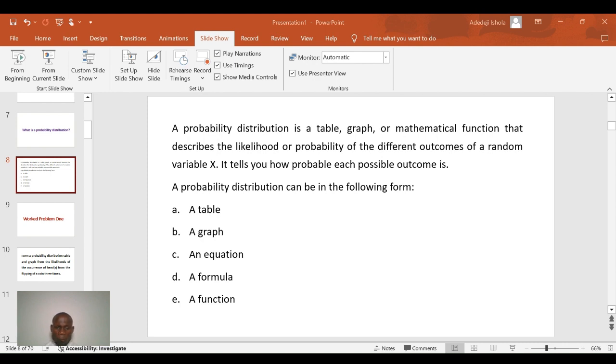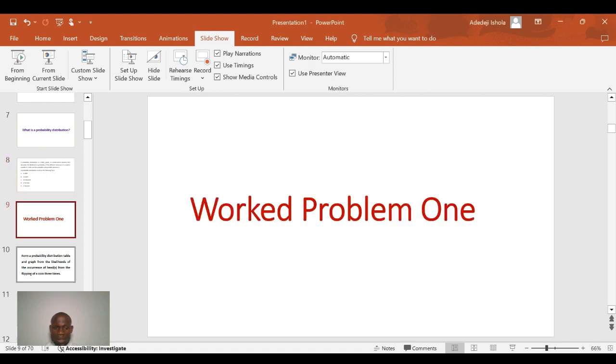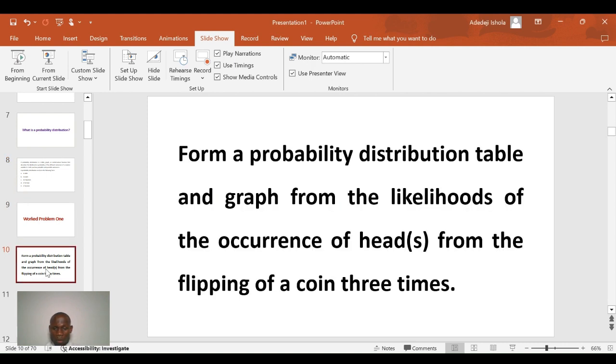To go further with our discussion on probability distribution, we have to check out this problem to illustrate what we mean. This question is asking us to form a probability distribution table and graph from the likelihood of the occurrence of heads from the flipping of a coin three times.